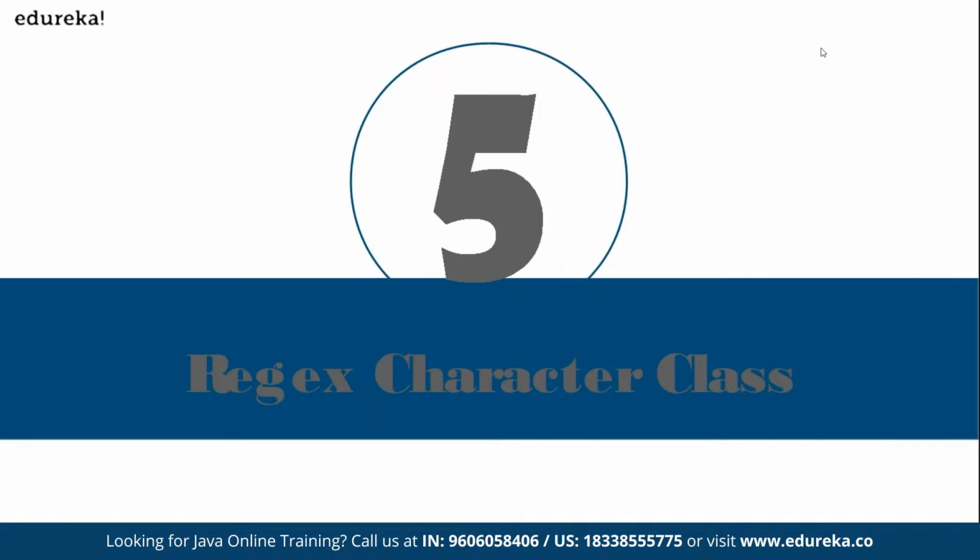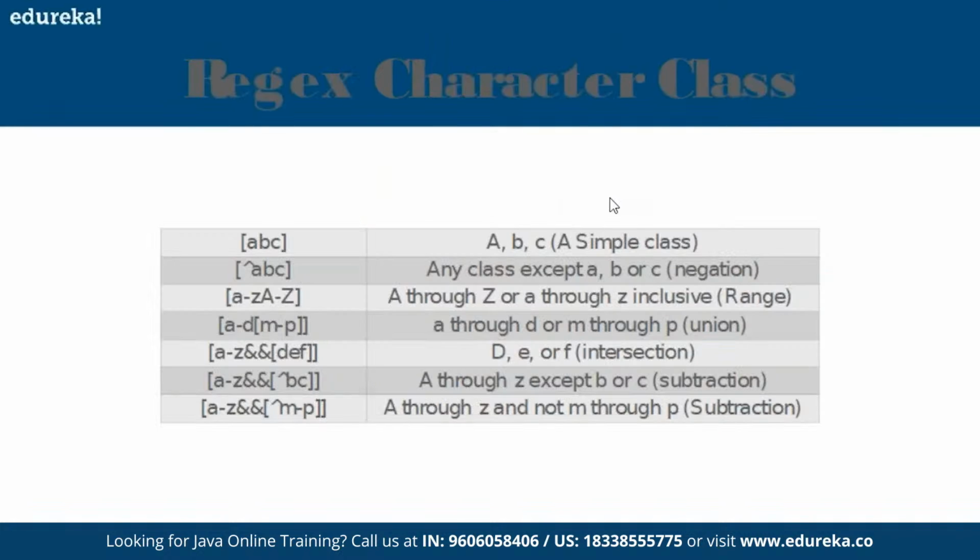Now we will try to understand the regex character class. When you come across the regex character class, what is it? You can see if I give abc in square brackets, it is A, B or C, a simple class.